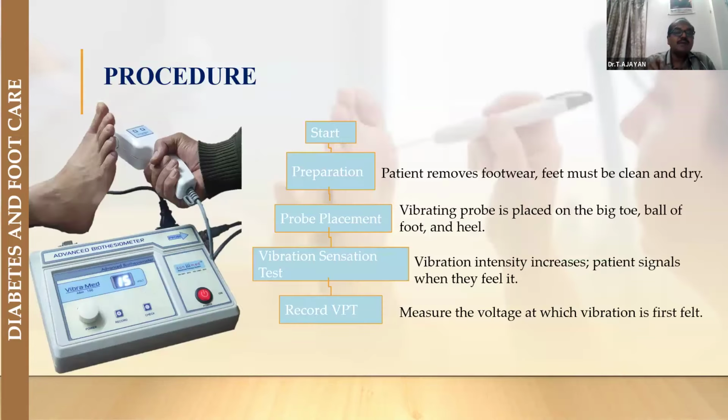After the preparation, the patient removes footwear, and the foot must be clean and dry. For probe placement, the vibrating probe is placed on the first big toe, then the ball of the foot and the heel. For the vibration sensation test, the intensity increases and the patient signals when they feel it.